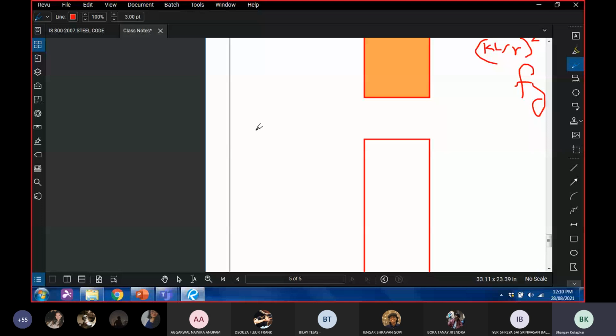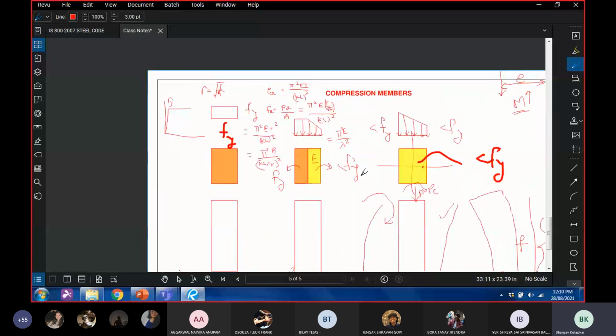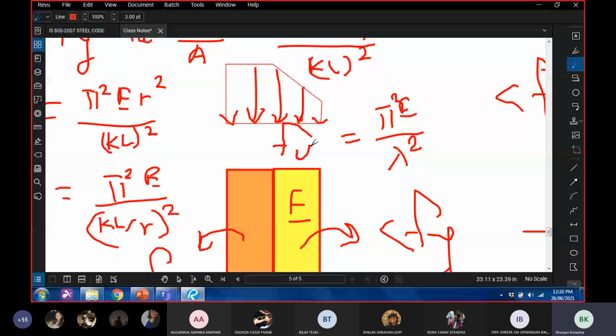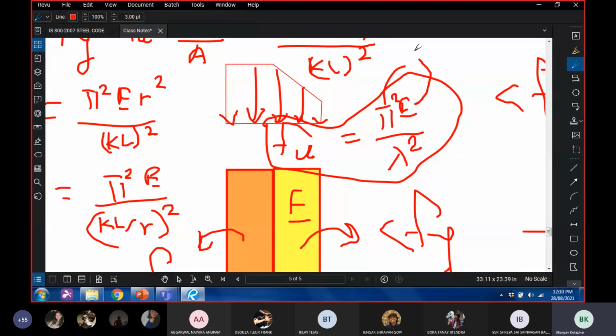So from this formula, FCR is equal to pi square E upon lambda square. Now pi is a constant and E is also a constant. The only thing that varies is lambda.